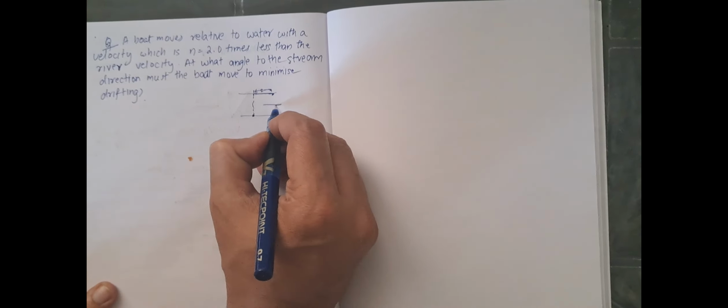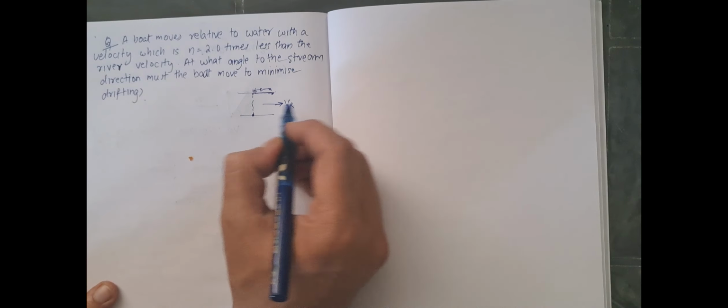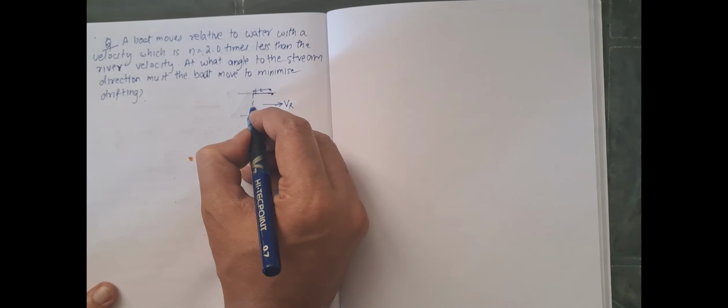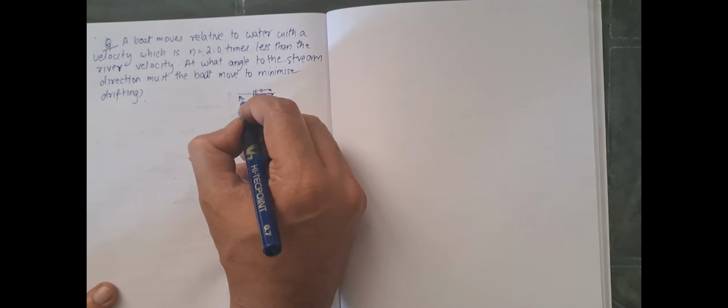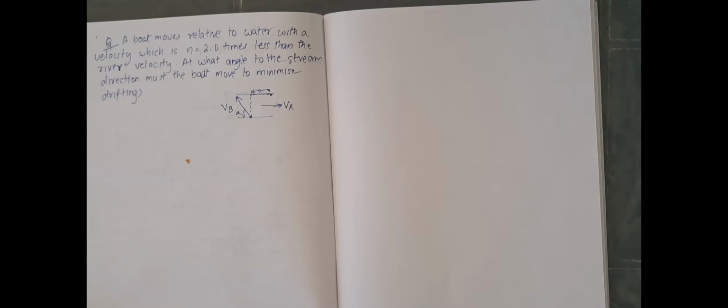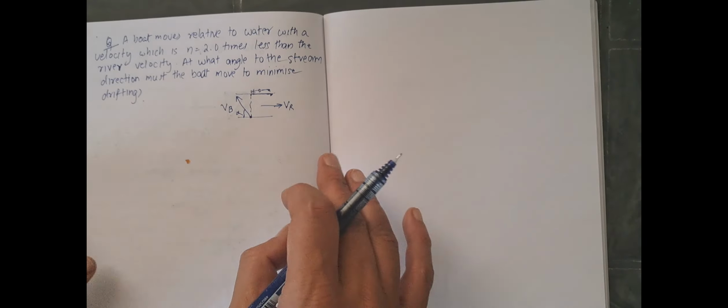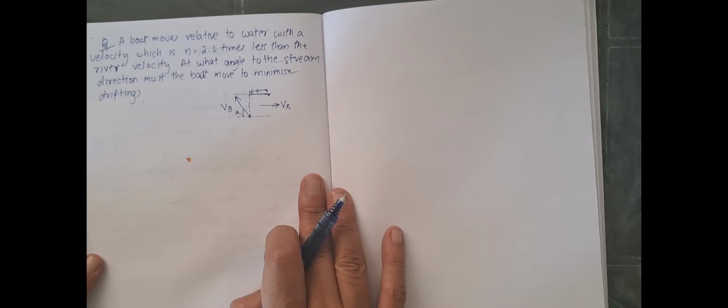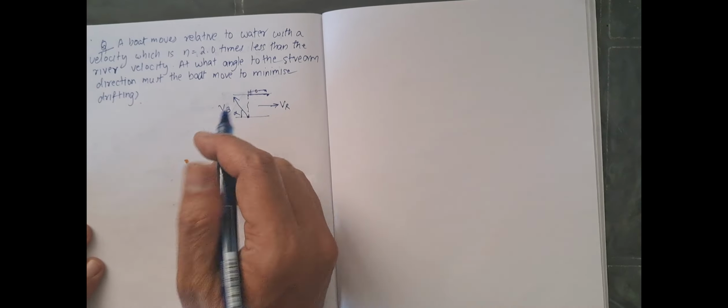Now let's come back to this question. Suppose we consider the velocity of the river is VR and the velocity of the boat is say VB, at angle alpha. We know the boat moves relative to the water with a velocity which is 2 times lesser than the river velocity.